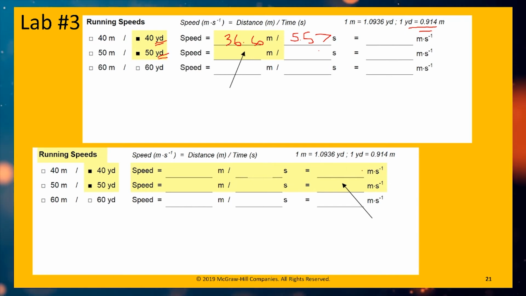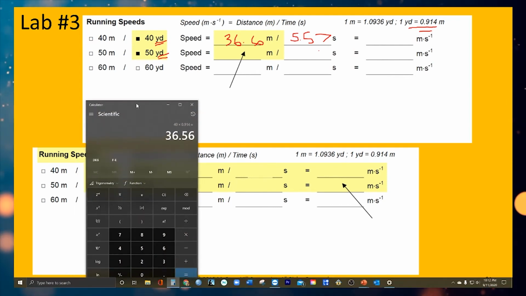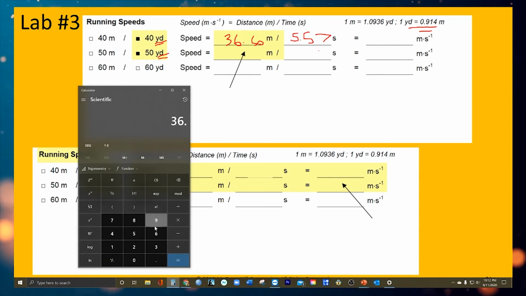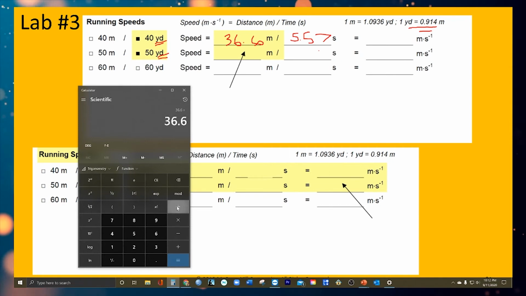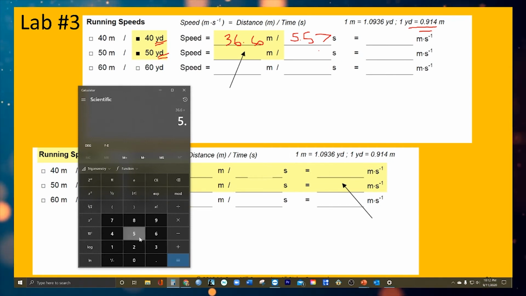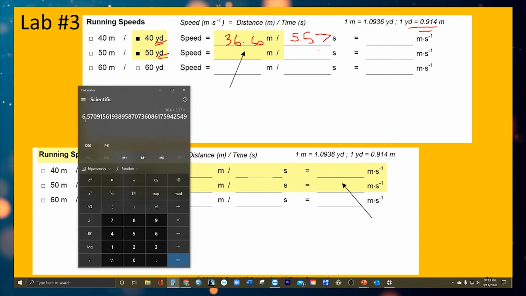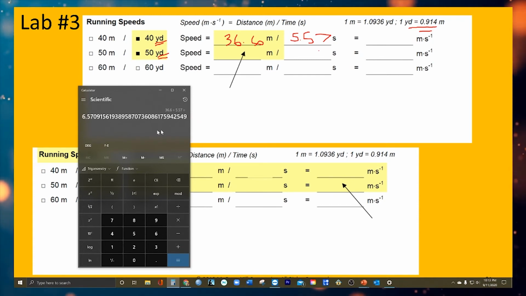And then from there, we can figure out our meters per second, our speed. If we do the simple math of 36.6 divided by 5.57, we get this long number.